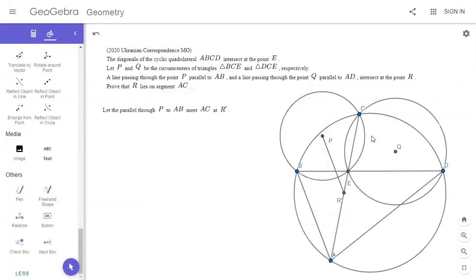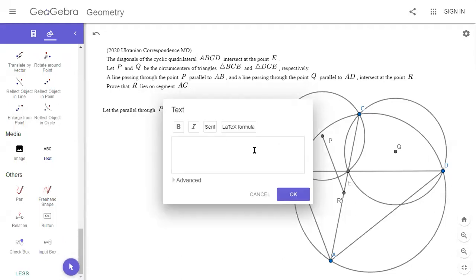All right. So first I'm going to show DQ and BP meet on the circle. I don't even know if we end up using that, but I'm going to write it like this.